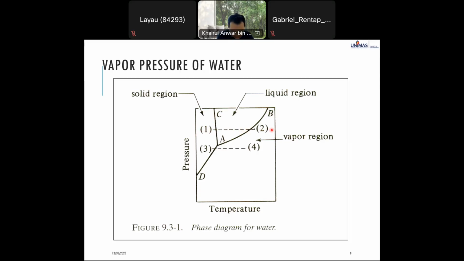If the horizontal line crosses AC, the solid melts, and crossing AB, the liquid vaporizes. Moving from 3 to 4, the ice sublimes, meaning the solid goes straight to the vapor region. That one is sublimation without going through the liquid phase.